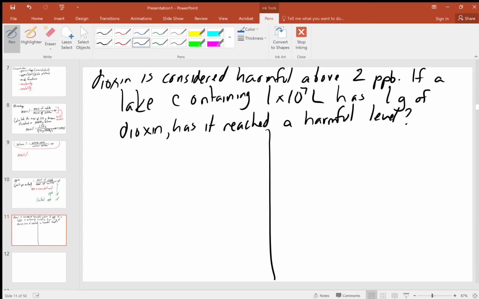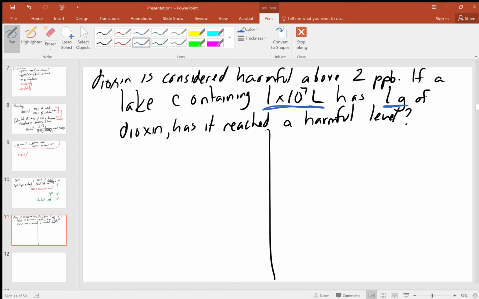So one way is we could figure out what is the current concentration and then compare it to 2 parts per billion. The other way is we could figure out, in order to reach 2 parts per billion, what quantity do we need? But the one thing we notice is the amount of dioxin is in grams, the size of the lake is in liters.